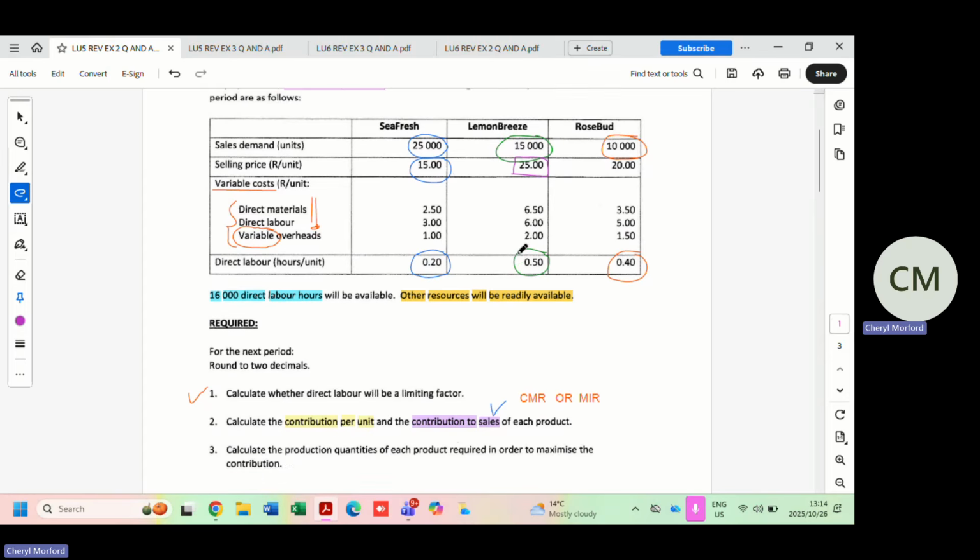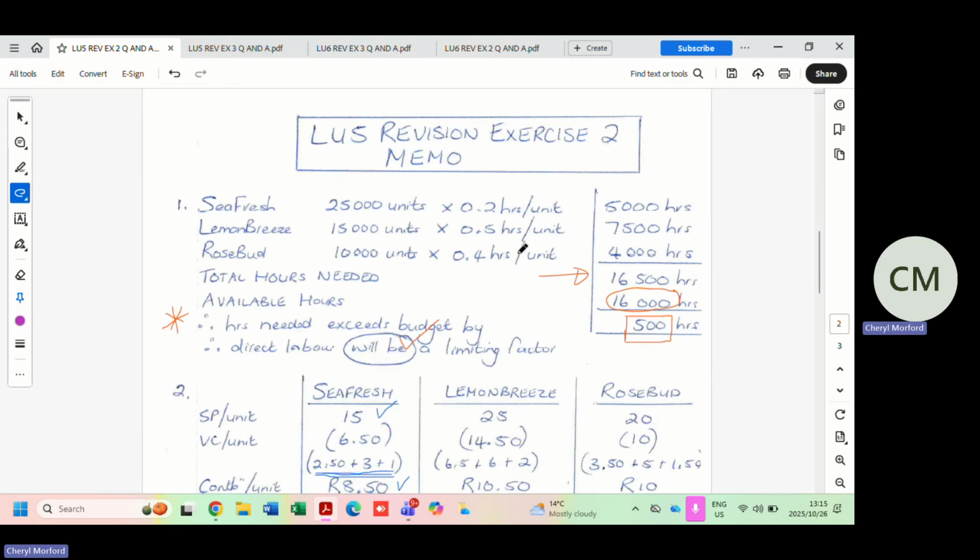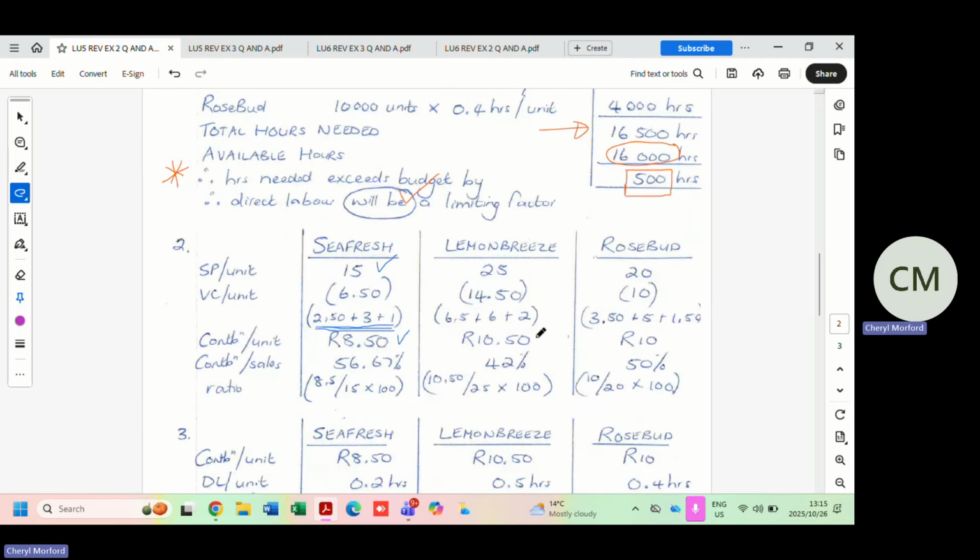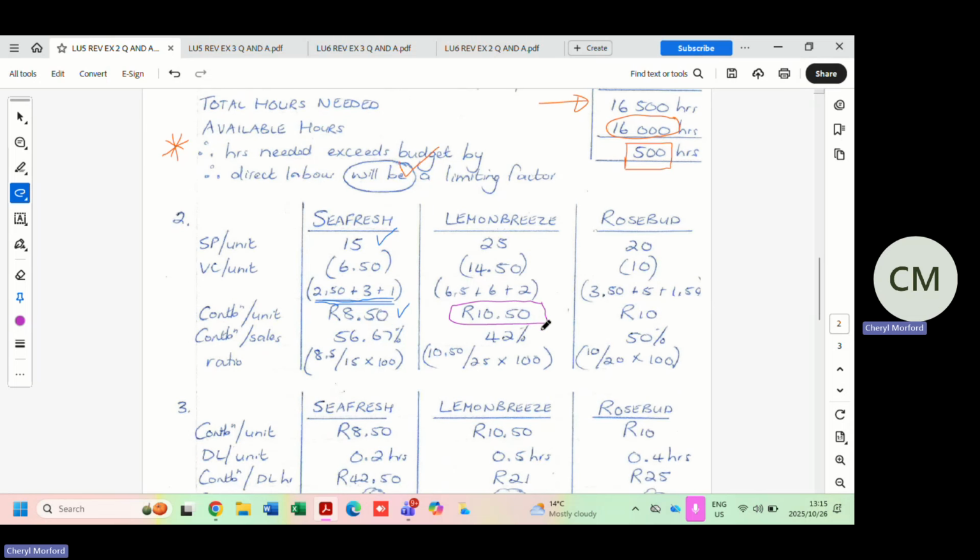Subtract that from the selling price of 25 Rand, and that gives me a contribution per unit of 10.50 Rand. Now what I must do to work out the contribution to sales ratio is put that 10.50 Rand as a percentage of 25 Rand, and that will give me 42%. And then you would do the same for Sea Fresh as well as Rosebud.